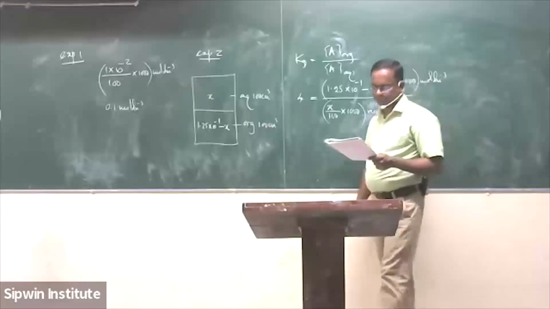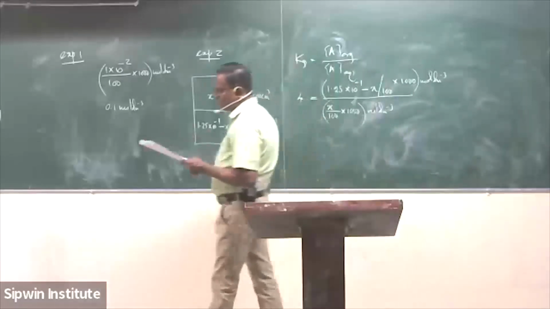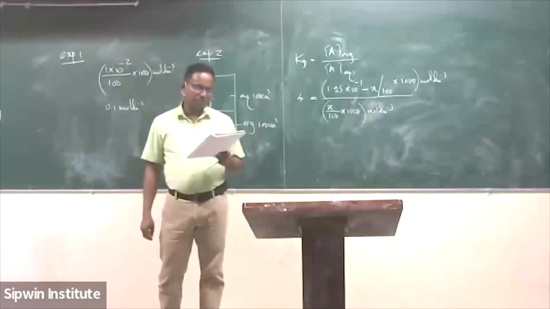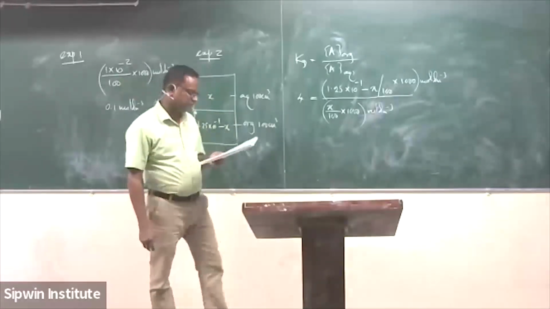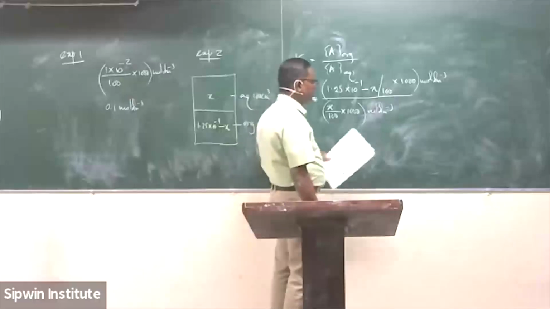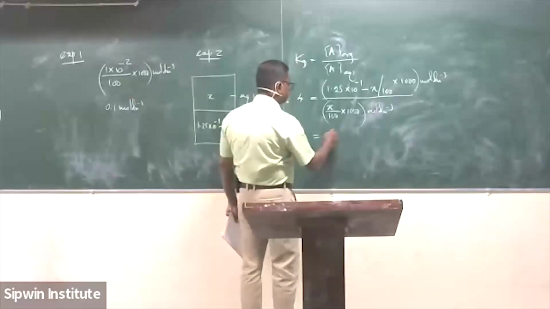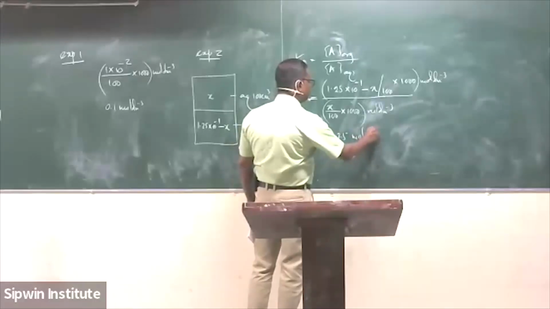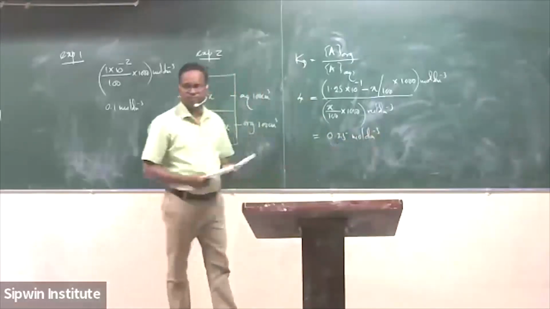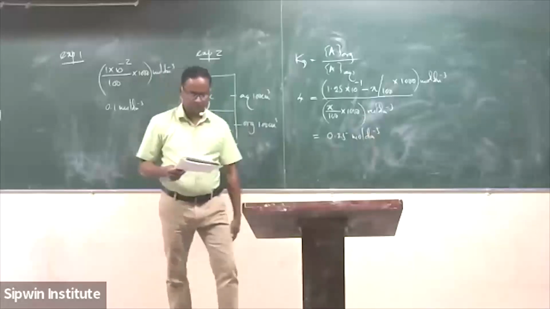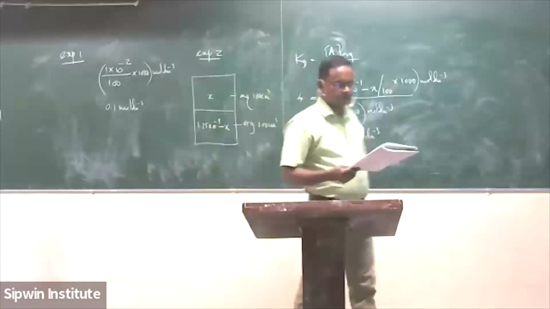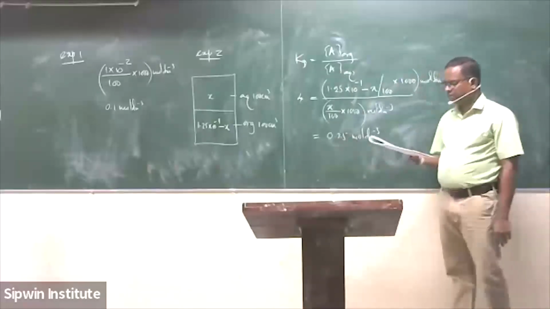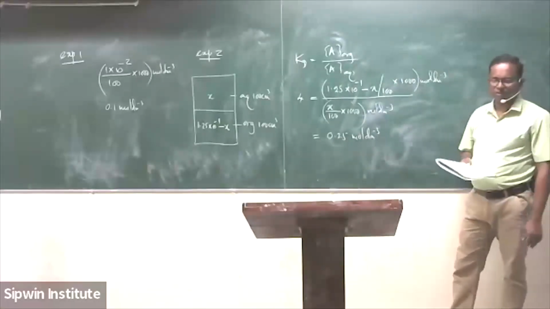So you get x as 0.25. In the aqueous layer, the concentration is 0.25 moles per cubic decimeter.